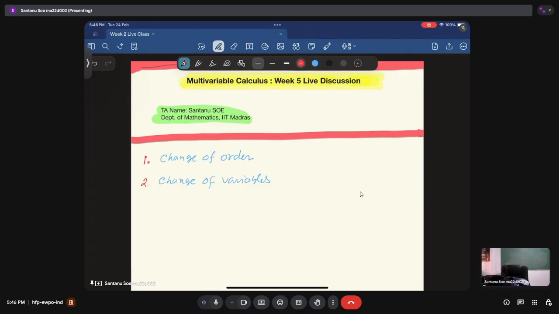Third topic was beta function. Fourth was gamma function.